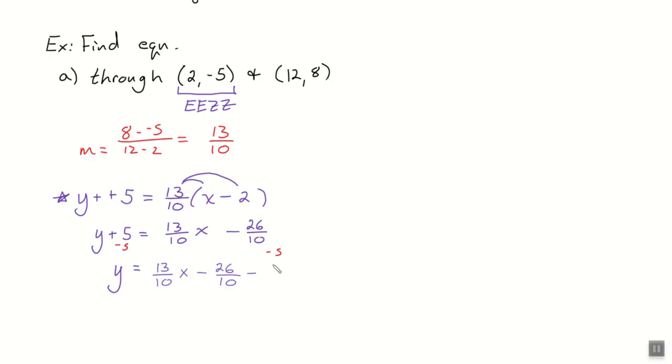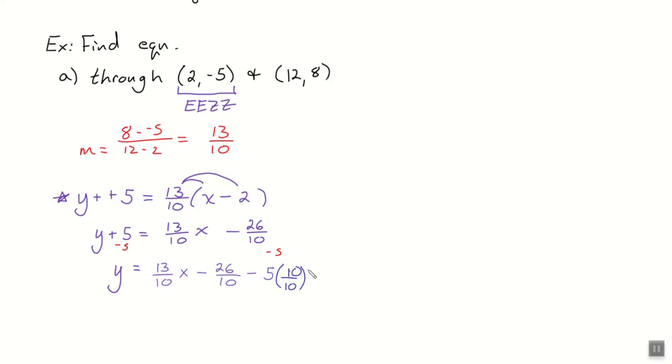How do you write 5 such that it has a 10 in the denominator? 25. So I'll knock this out. We want a 10 in the denominator, right? What am I allowed to multiply by that doesn't change it? 1. How many ways can I write 1? Well, I could write it as a single 1 or a 2 over 2 or a 3 over 3. This is just my motivation to say, look, this is what we're really doing when we find the common denominator. This is going to be 50/10, right?